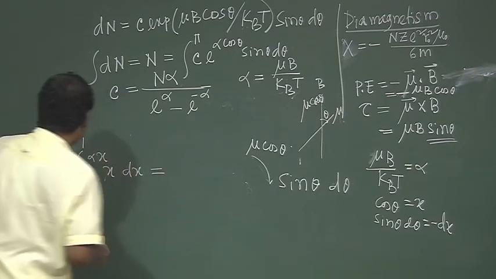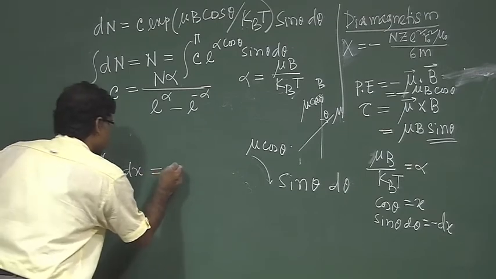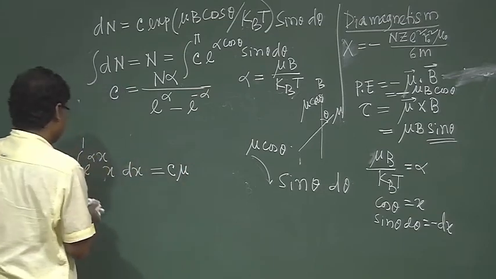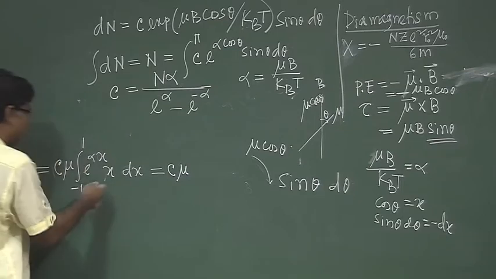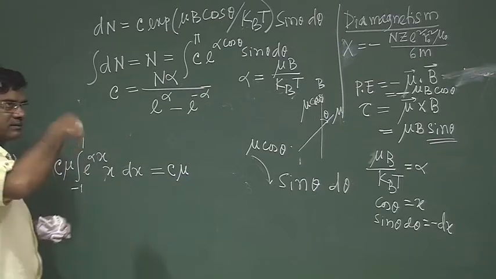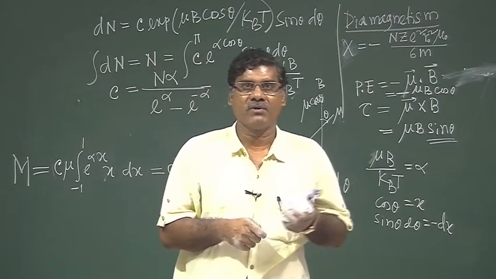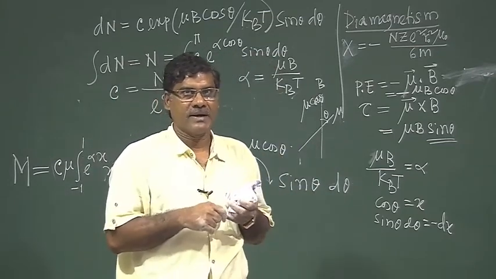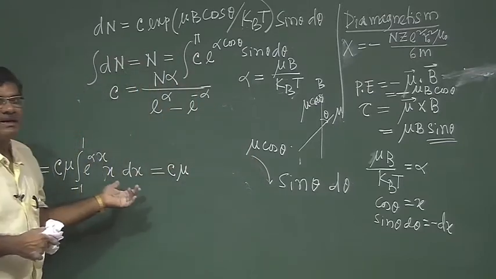If you take integration by parts, you know this: integration of u dv equals uv minus integration of v du.